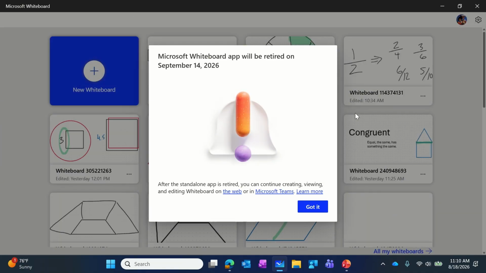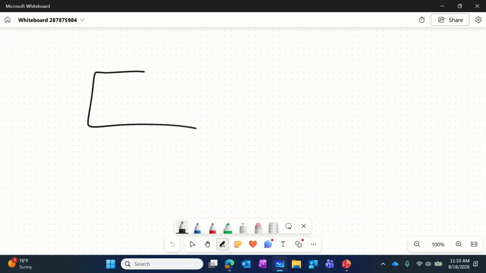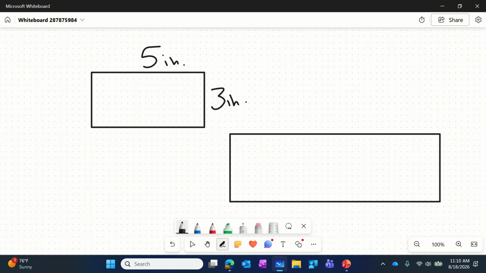So let me give you guys an example here. Let's say I have a rectangle. Here's my rectangle. My rectangle is 5 by 3 inches. Here is my scaled copy. This side is 15 inches. What's the length of the side that's missing if this is scaled?